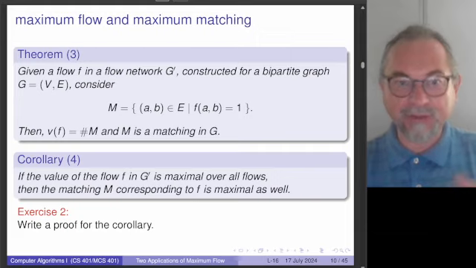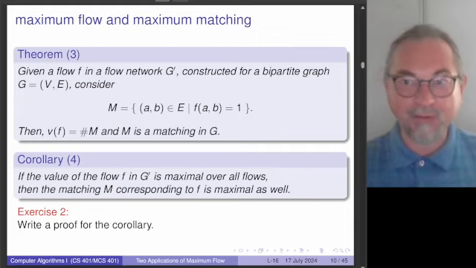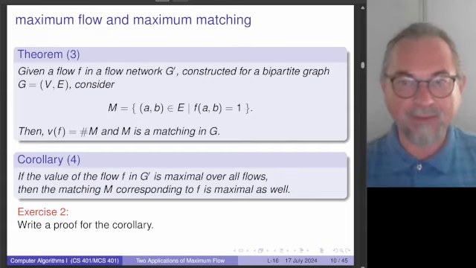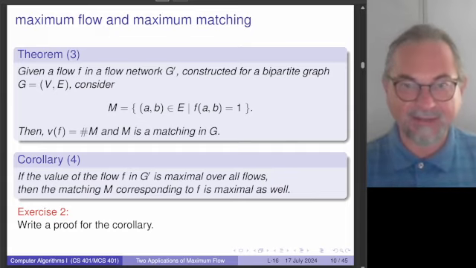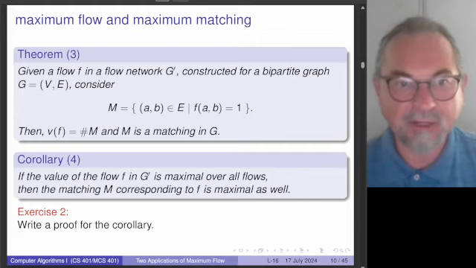Then the contradiction will follow that if you have that one more edge, then you can define a flow where the value is k plus 1. And this contradicts the if statement in this corollary where you said that the value of the flow is maximum. So it is k if the matching has k elements. So prove by contradiction.